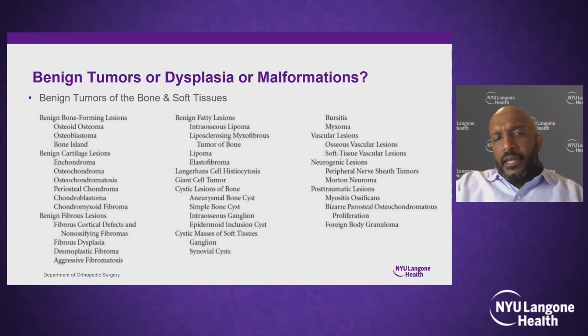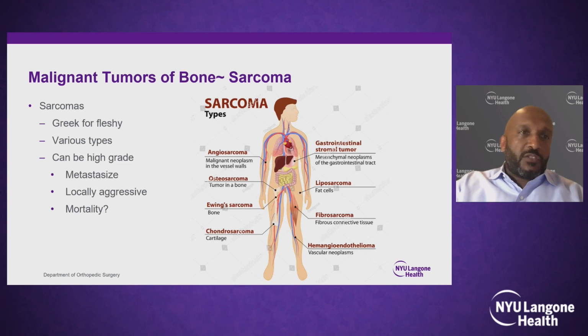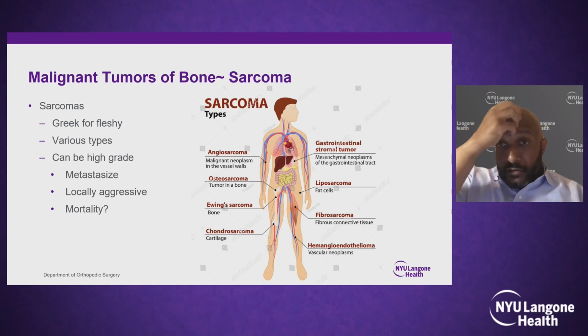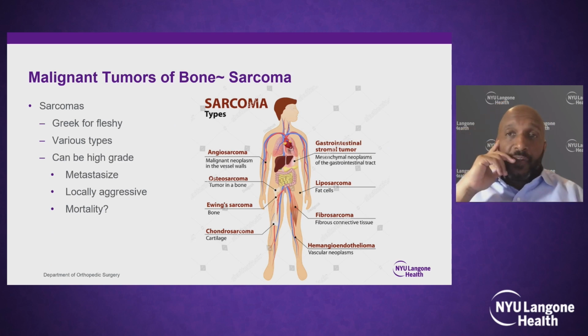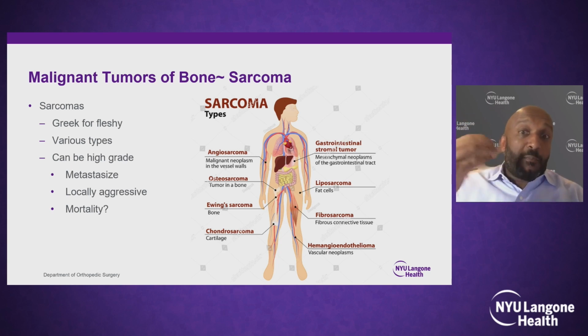Okay, and then, of course, the question is, is this something that I have to worry about that will impact my patient to a large degree, like life and death? Is this a sarcoma? And, very much like the breakdown I showed you earlier in terms of the embryology, the origins, there are malignant tumors of just about every type of tissue out there.